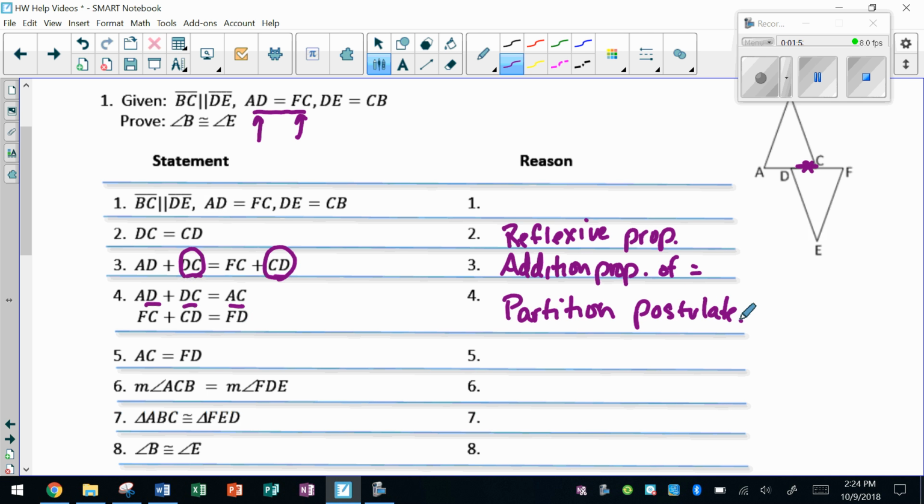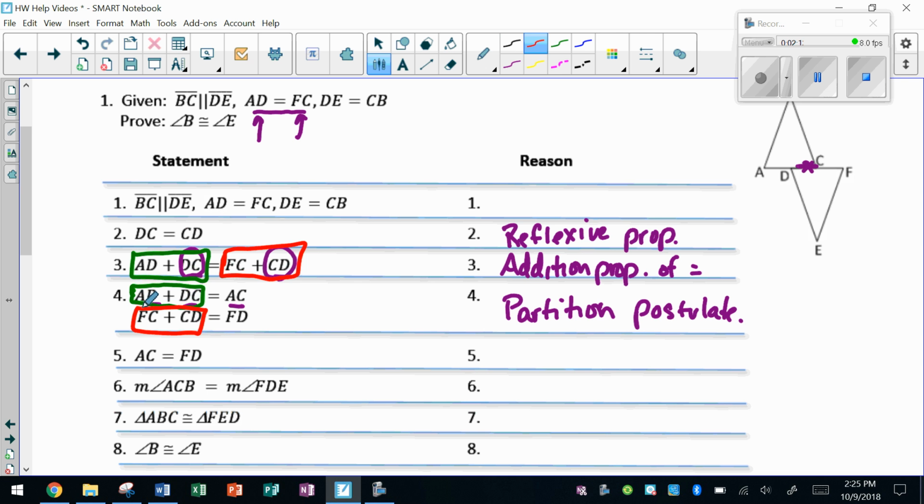And then lastly, if you look at step 3, on the left-hand side you have this quantity, AD plus DC, and there it is copied. On the right side you have FC plus CD, and here it is down here.